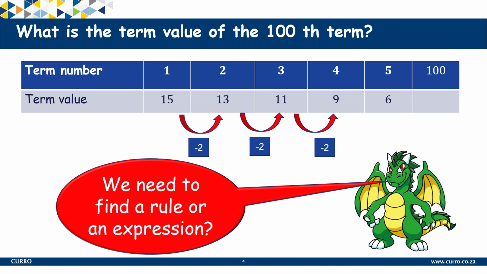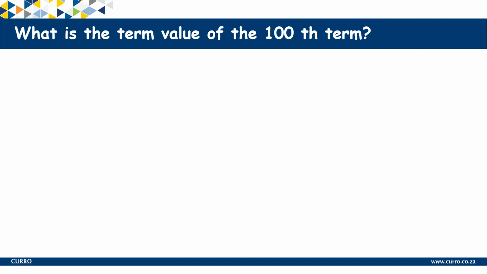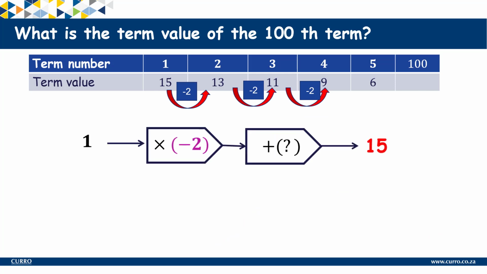So what do we do? We need to find a rule or an expression, just like we did with functions, to find the output number or the term value. So let's use the constant difference. Let's use the first term, term number 1, and we multiply that 1 by negative 2, which is the constant difference between the numbers. 1 times negative 2 is negative 2, but we want to get 15.